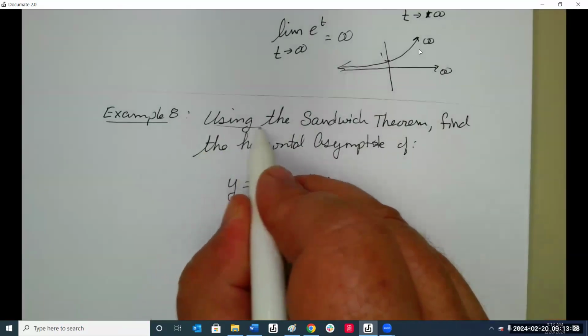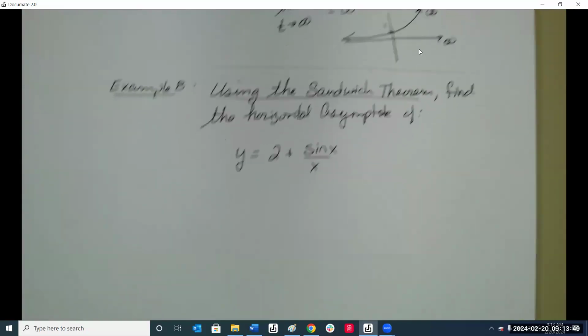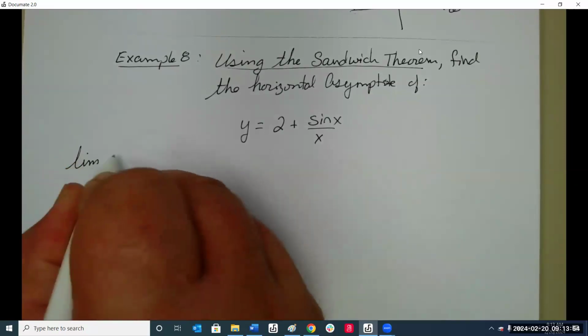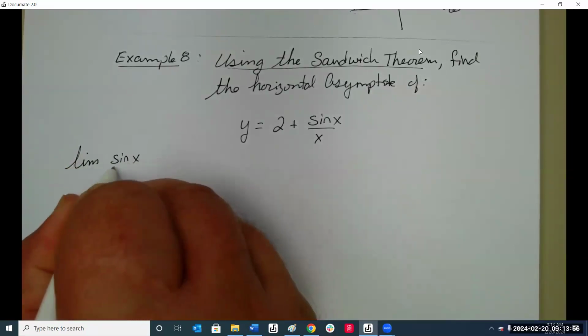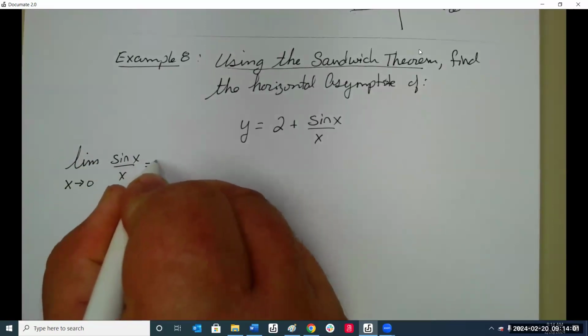Okay, using the sandwich theorem. And no, it's not going to be 3 either, because what you're thinking about is this: the limit of sine x over x as x approaches 0 is 1.